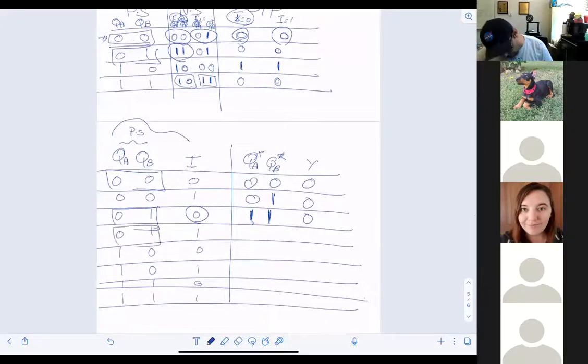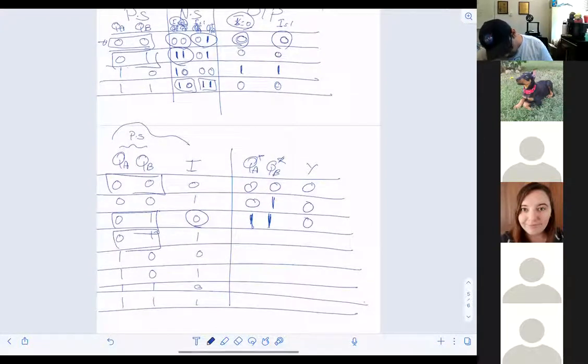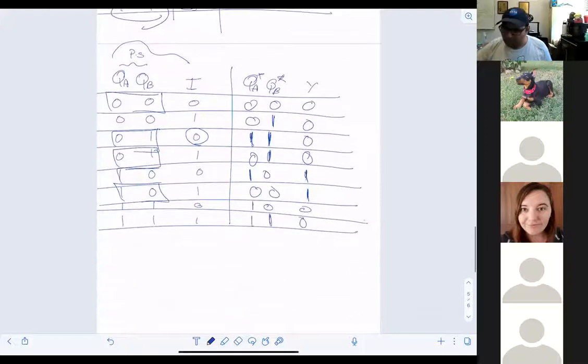When I'm 0, 1 and my input is 1, I'm gonna be jumping to 0, 1, and my output is also 0. When I'm in 1, 0 and my input is 0, I'm gonna be here in 1, 0, and my output is 1. When I'm in 1, 0 and my input is 1, I'm gonna go back to 0, 0, and my output is 1. When I'm 1, 1, it's gonna be 1, 0 or 1, 1, and 0. Voila, we finished.